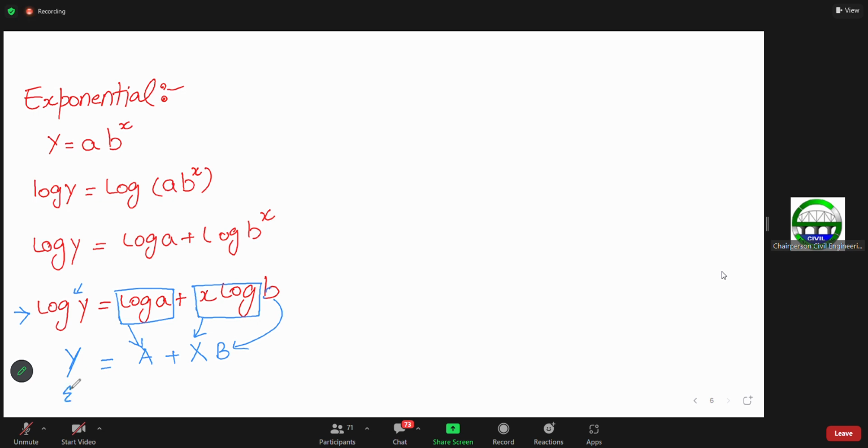I can say that sigma y will be equals to n a plus sigma x is b. Or I can say that from here, the third equation. Okay, so let me erase it and draw a proper line.